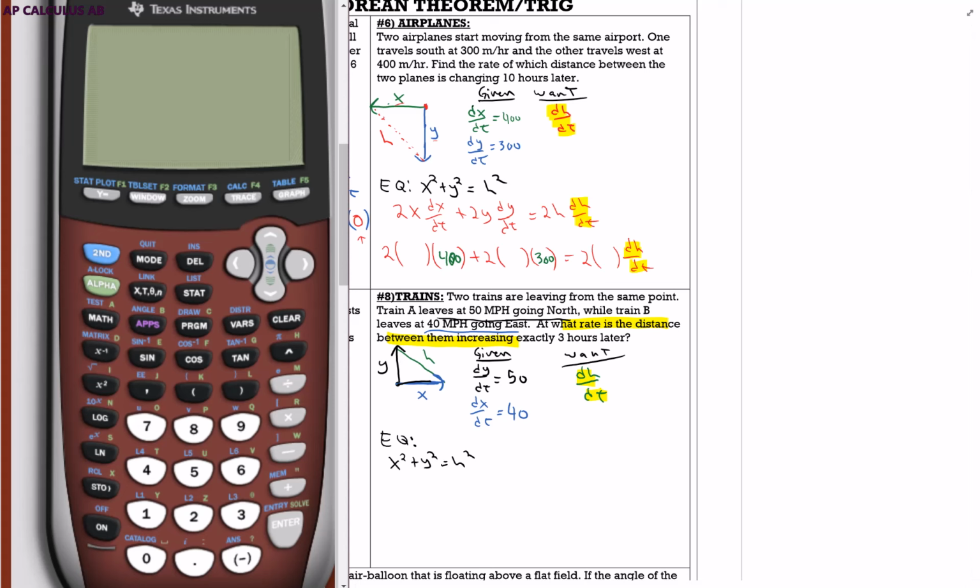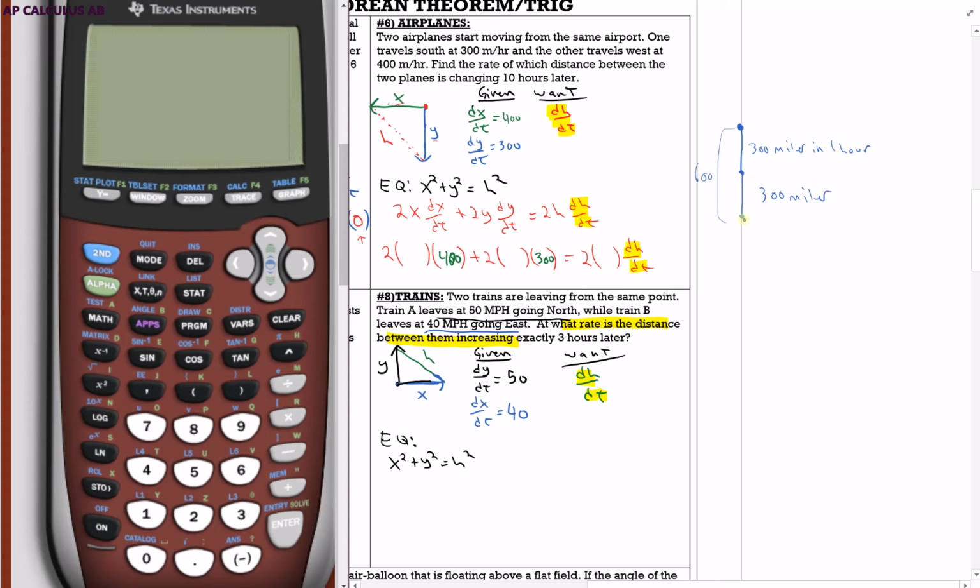Let's think about this. These planes started at some point, right? The one going south is traveling 300 miles per hour, so you can imagine after 1 hour, they went 300 miles. The next hour they would go 300 miles for a total of 600 miles.